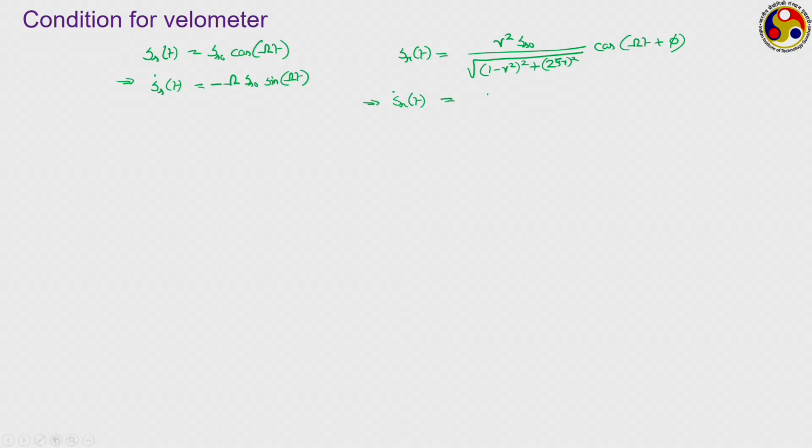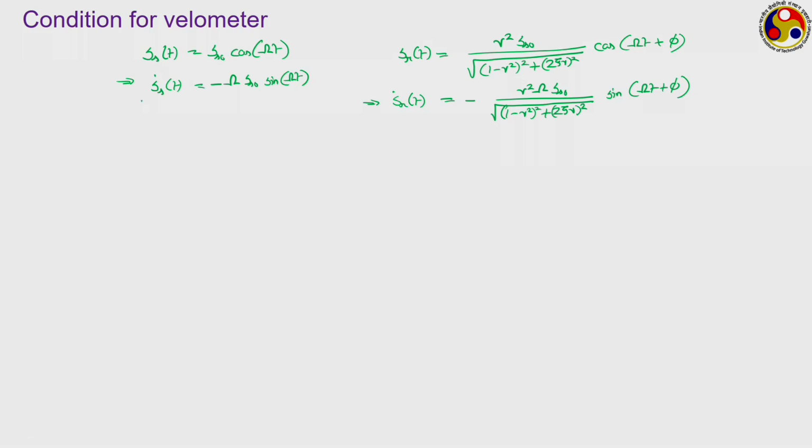So, if you differentiate with respect to time, then what we are going to get? We are going to get minus of r square omega S S O into root over 1 minus r square whole square plus 2 zeta r whole square, into sin of omega t plus phi.